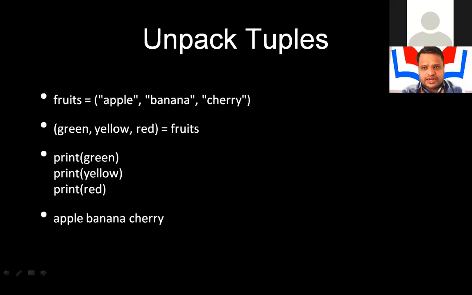In this particular example, you can notice apple, banana, and cherry, all of which belong to the tuple named fruits. If I want to extract apple, banana, and cherry, or in general the elements of the particular tuple.